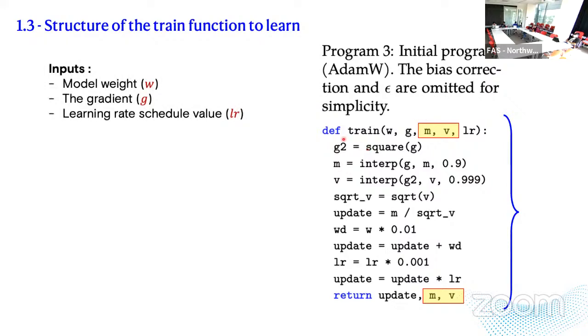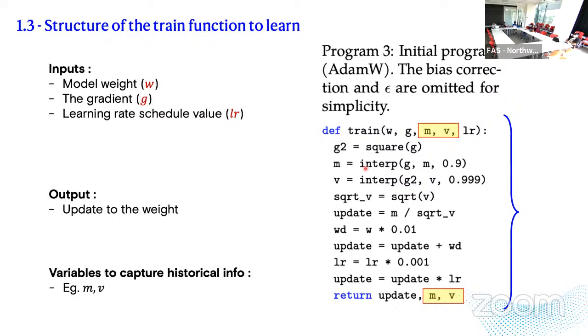So this function is called the train function, and we have the model weights, the gradient with respect to parameters, and the learning rate coming in as inputs. These three are coming in as inputs, and then our goal is to produce the new set of weights that's trained through this function.